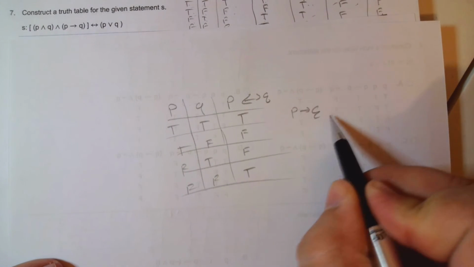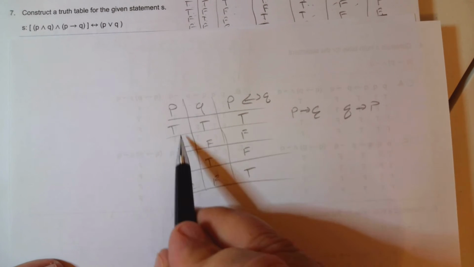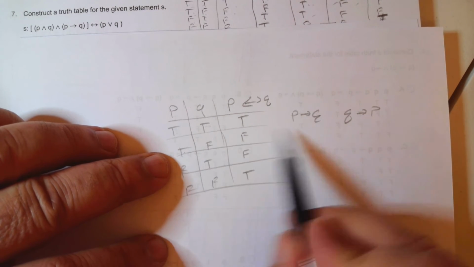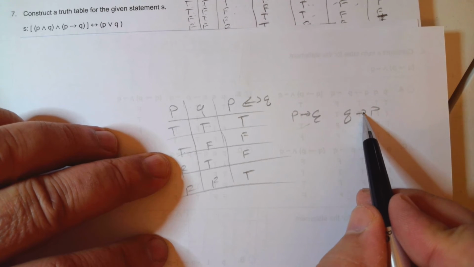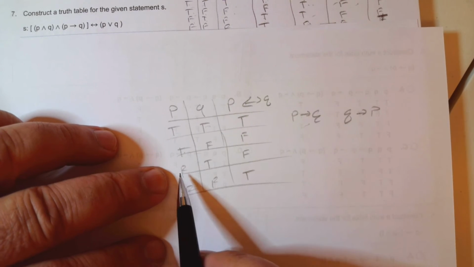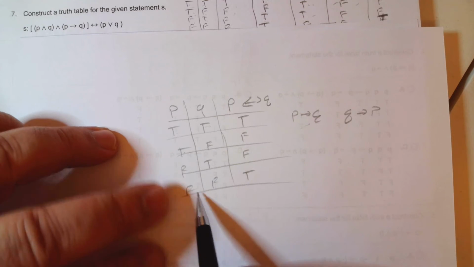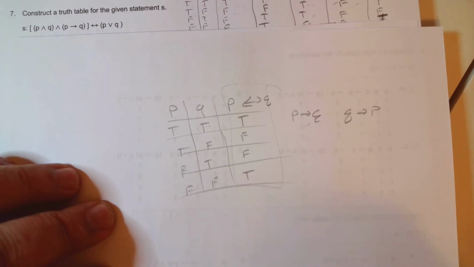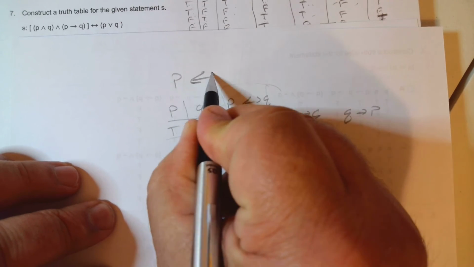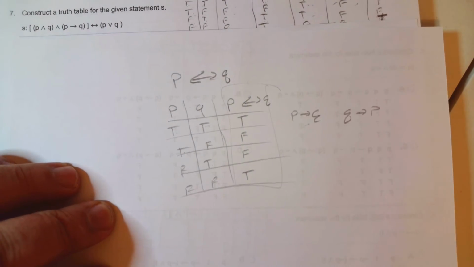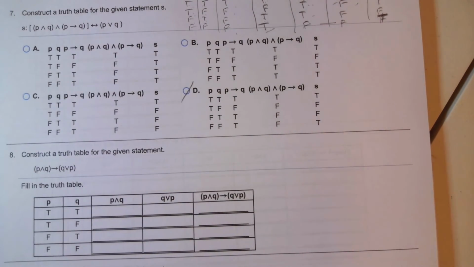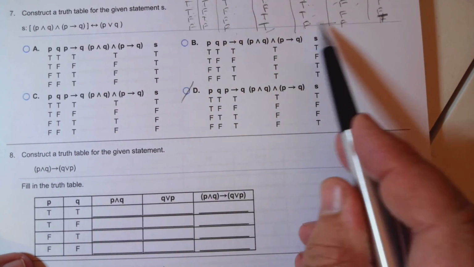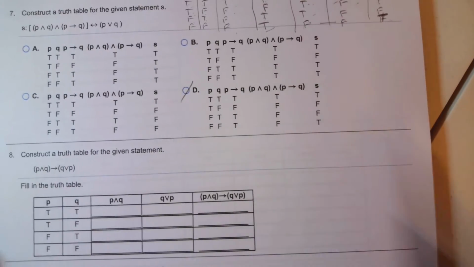If P, then Q. If Q, then P. That's the simple one. So it goes from up to down. That's false. That's true. So they have to be the same. That's not it. F to T, that's not going to work. So F to F, F to F, that's true. So this is the biconditional statement. So because of that, F and F is true. So it's D.